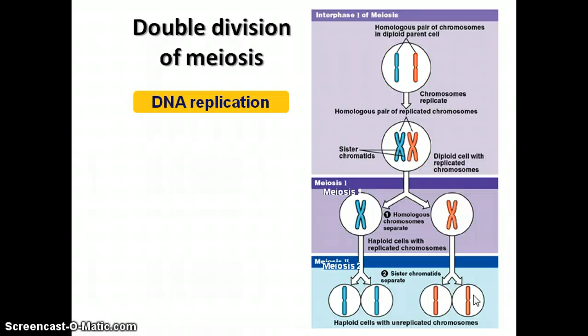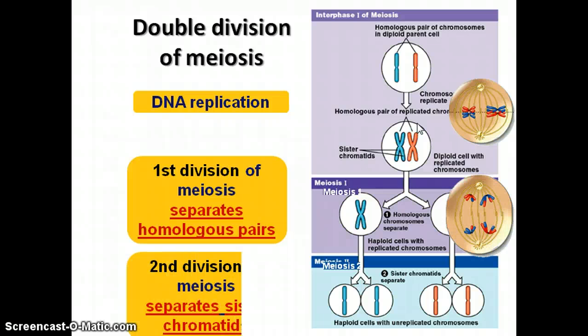You can see the diagram on the side there with the homologous pair of chromosomes in the diploid parent cell. So we only have one set of chromosomes, and then they go through DNA replication so that we now have the sister chromatids. Again, this only occurs before the first meiotic division.